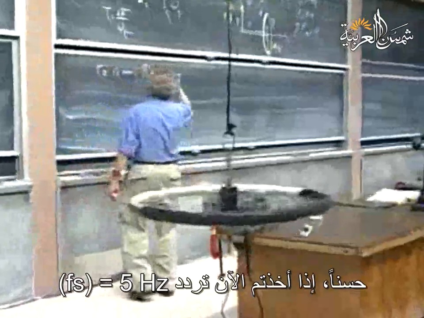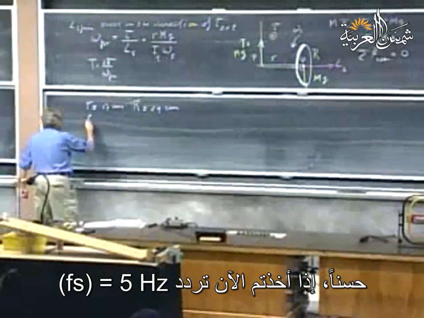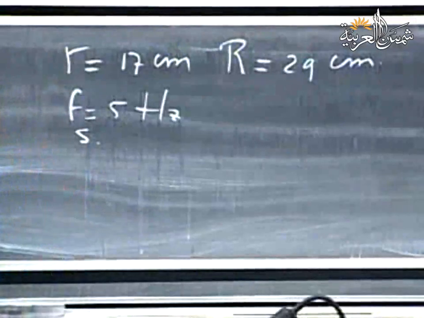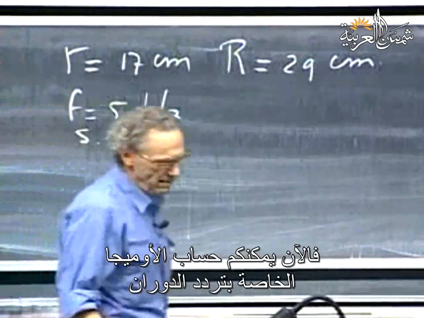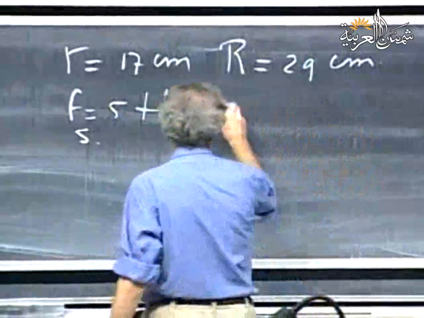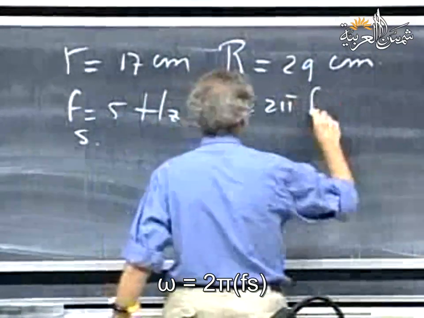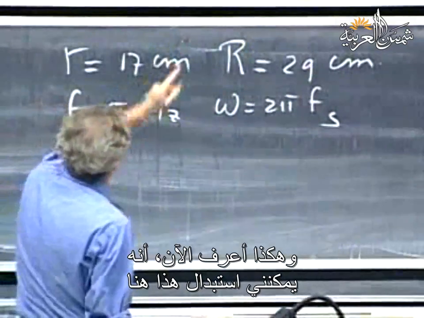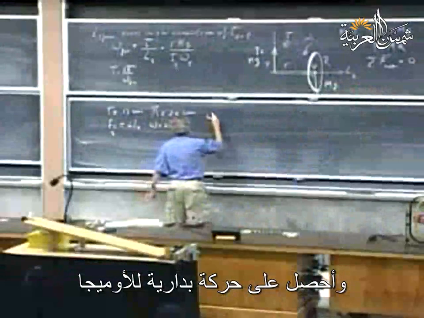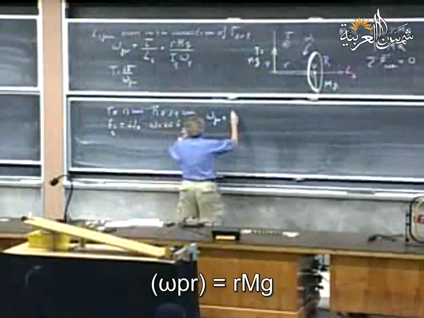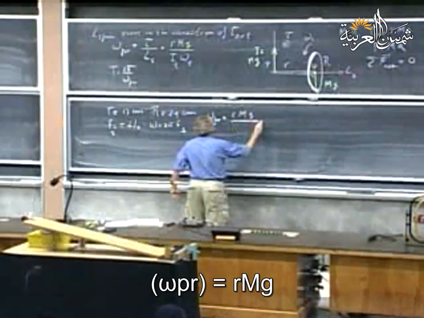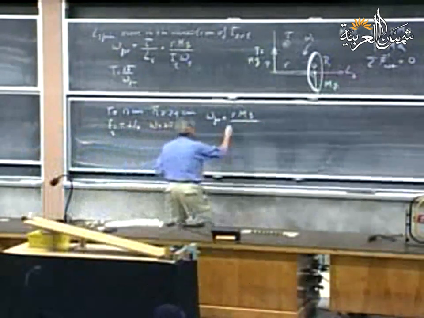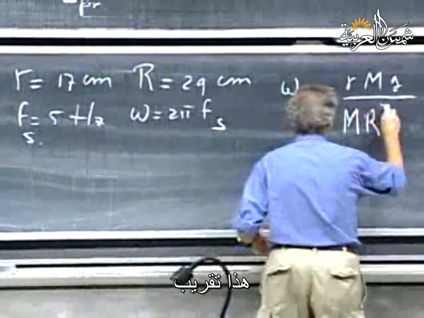If you now take a spin frequency of 5 hertz, you can calculate omega of the spin: omega equals 2 pi times the spin frequency. I can substitute that in there. So I get that omega precession equals rmg divided by the moment of inertia times omega s. With all the mass at the circumference, an approximation, the moment of inertia is mr squared.